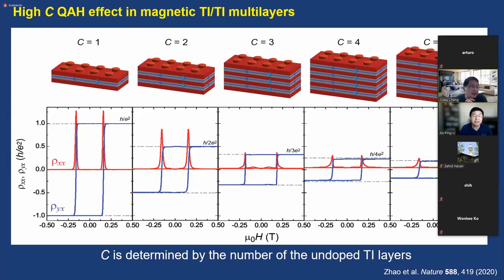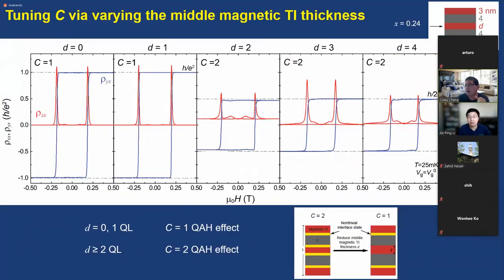If there is no coupling effect between the two C equals 1 quantum anomalous Hall effects, that's actually just parallel connections. That's the reason I was asking my student to systematically change the thickness from 0 to 5 quintuple layers to see the Chern number change.